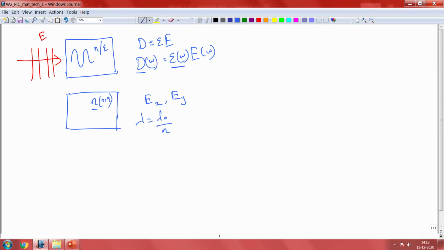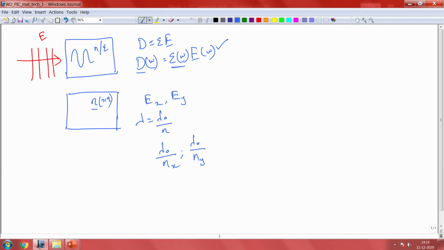Because you have two refractive indices, the wavelength along the x direction will be lambda naught over n x, and along the y direction it is going to be lambda naught over n y. So you can see that the material strongly affects how light propagates through the medium.